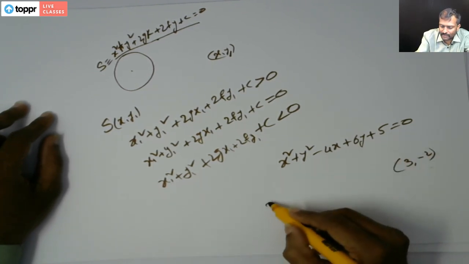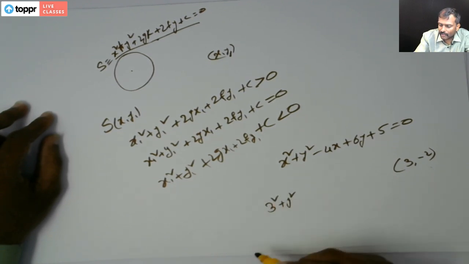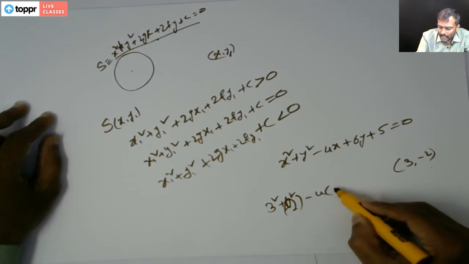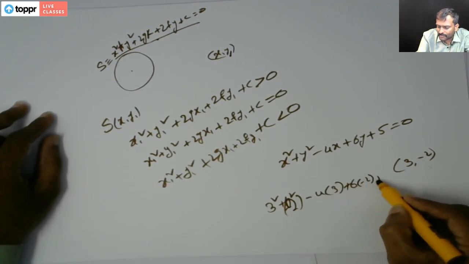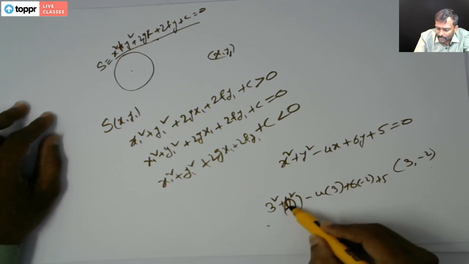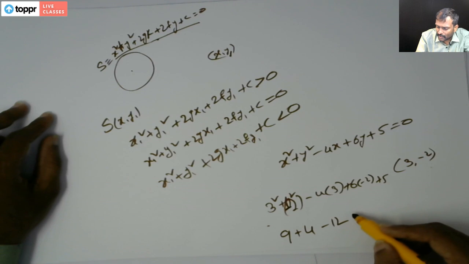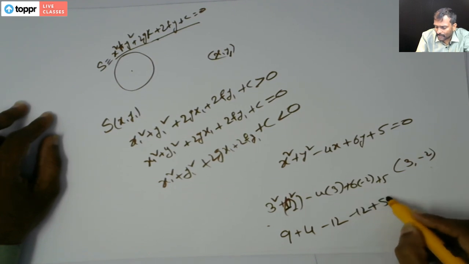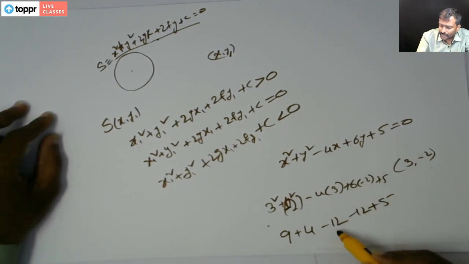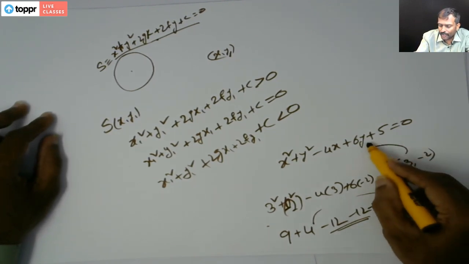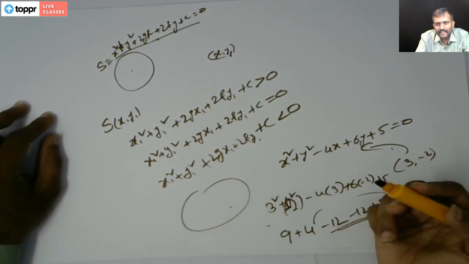Just substitute the values: 3 square plus (-2) whole square minus 4 times 3 plus 6 times (-2) plus 5. You calculate this value: 9 plus 4 minus 12 minus 12 plus 5. Now this is minus 24 and this is plus 18, so this is definitely less than 0. That means this point is lying inside the circle.